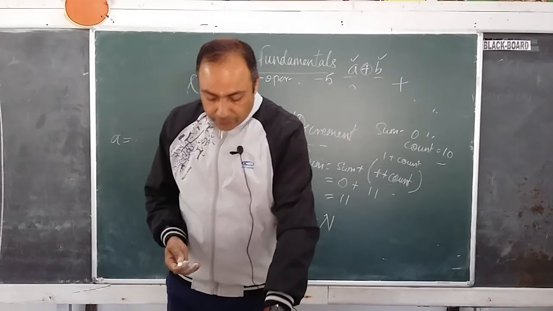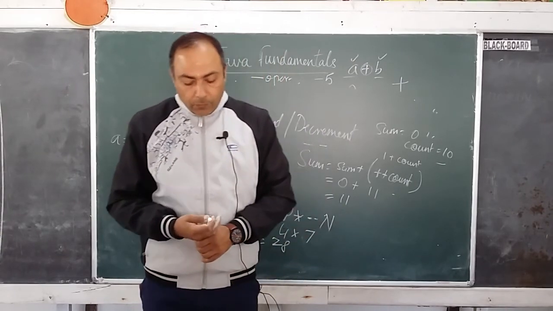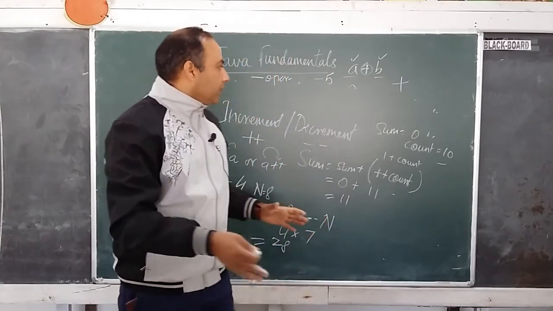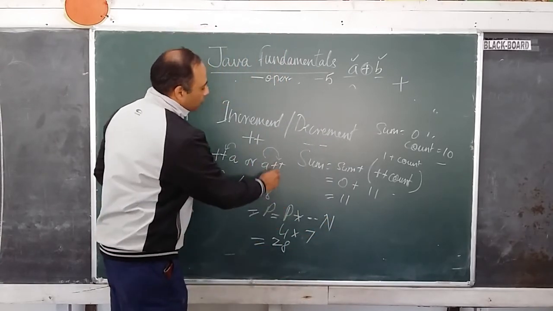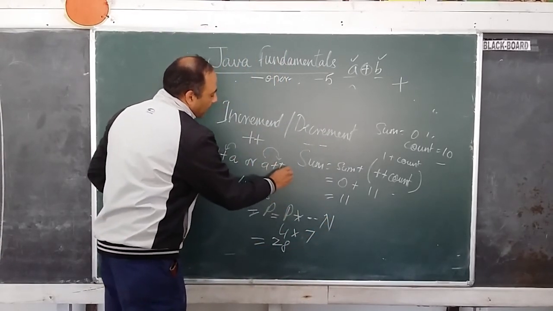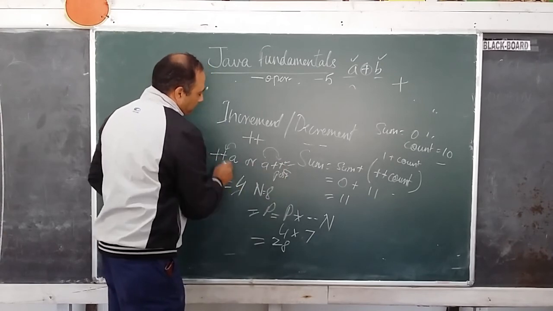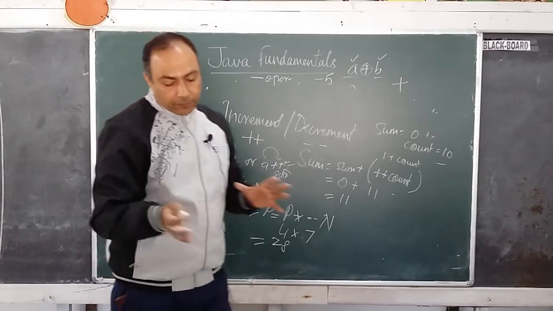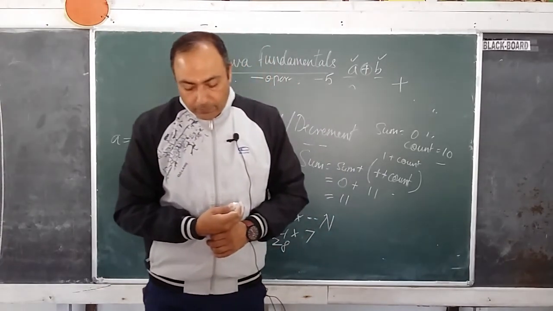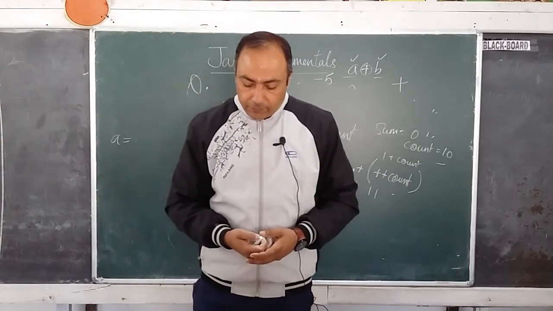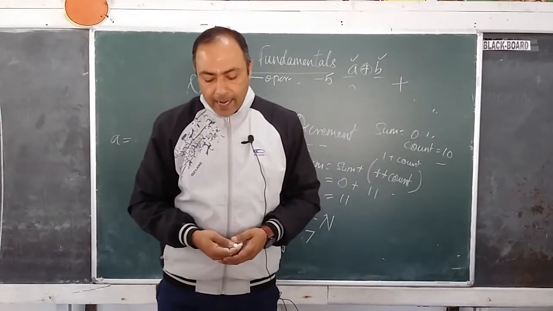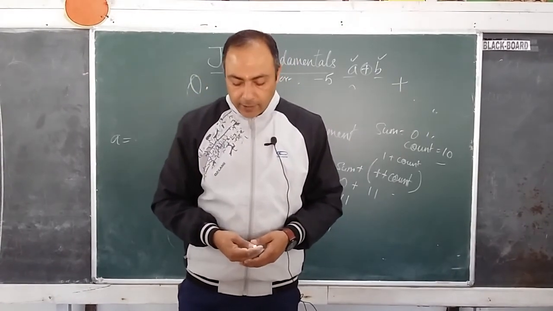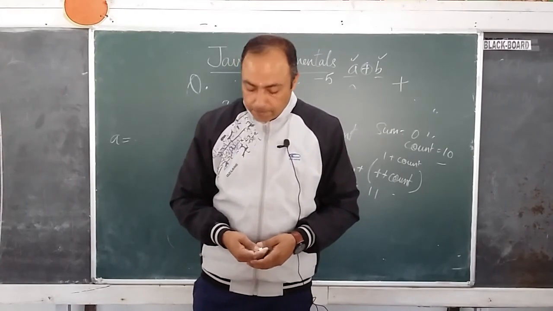Now let us come to the postfix version. In the postfix version, the increment or decrement operator follows the operand. This one is postfix, because the operator comes after, while the prefix is beforehand. Java first uses the value of the operand in evaluating the expression, before incrementing or decrementing the operand's value.